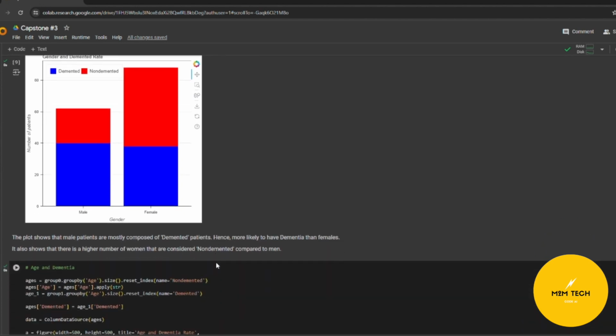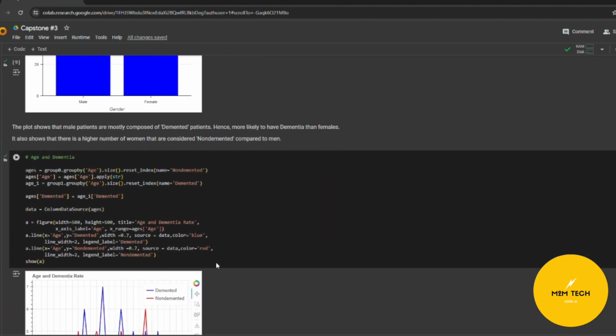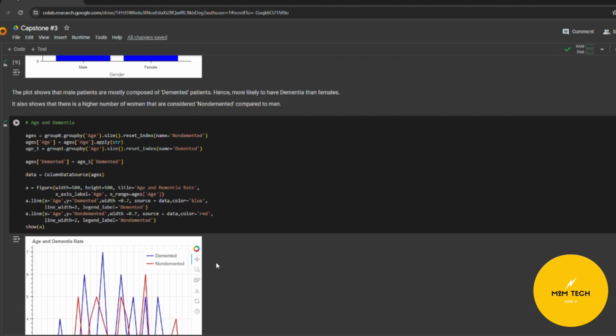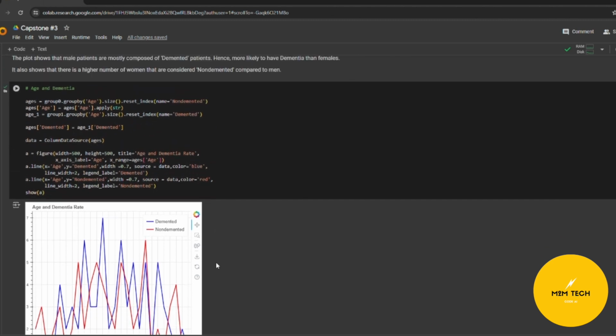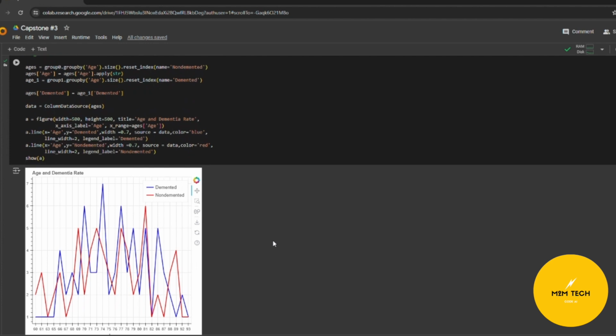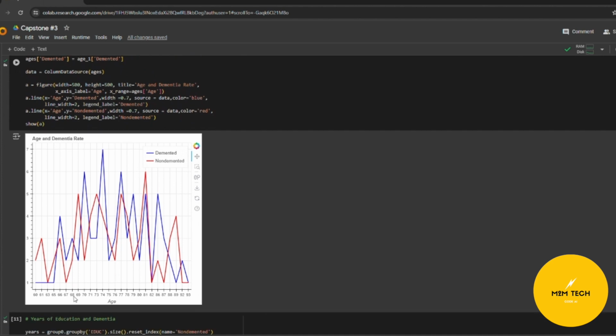I've also made a line chart to see the relationship between age and dementia rate, and you can see here that the non-demented group, as seen by the red line, has a lower concentration of 70 to 80 year olds, while the demented group has a high concentration in that age range.